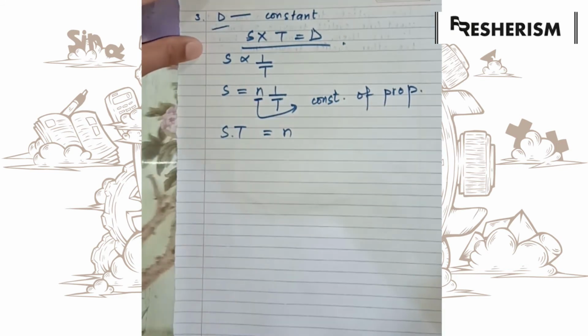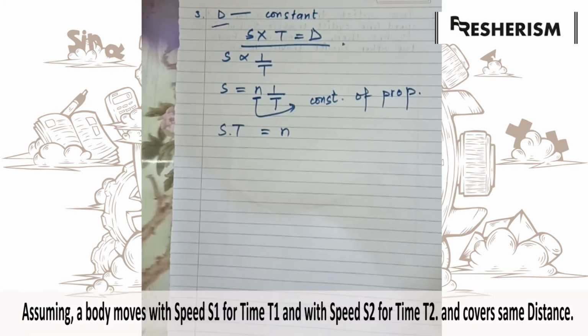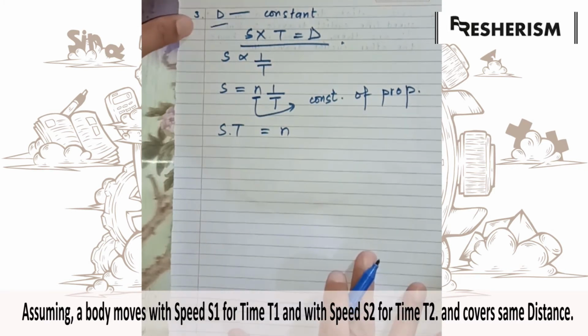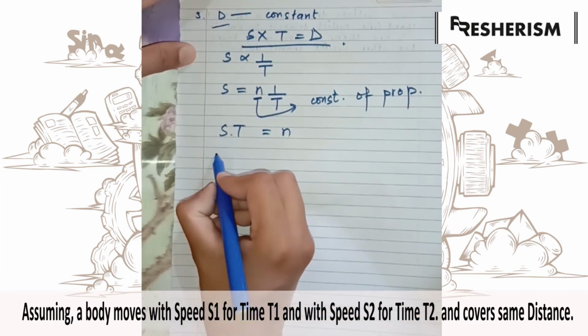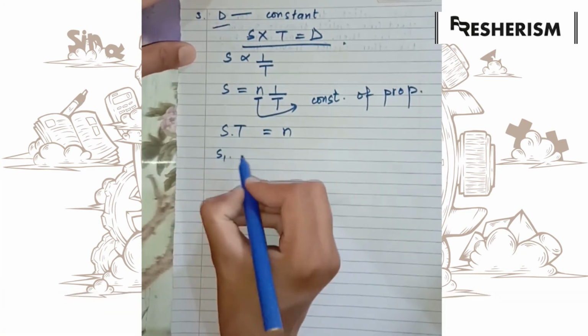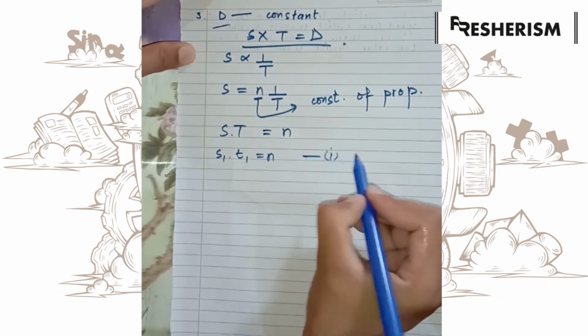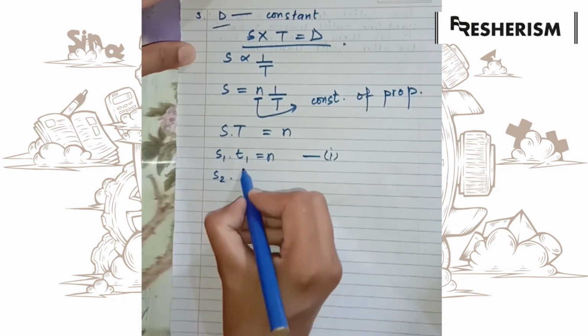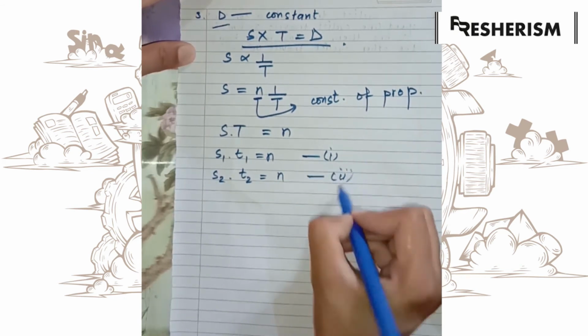Again, let us suppose that an object moves with speed s1 for time t1 and another object moves with speed s2 for time t2, and they cover the same distance. What equations will we get? We get s1 into t1 is equal to n as the first equation, and s2 into t2 equals n as the second equation.